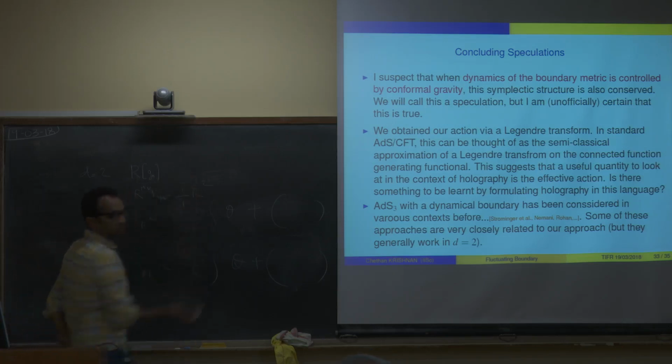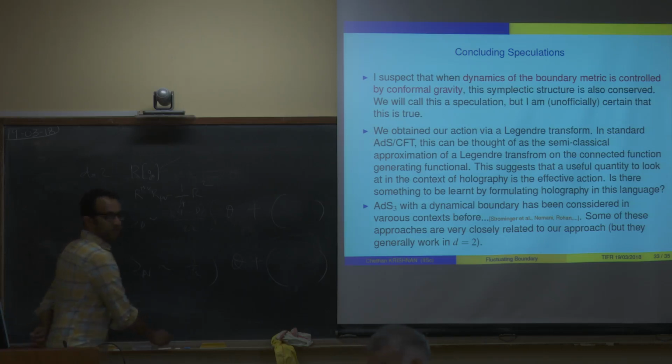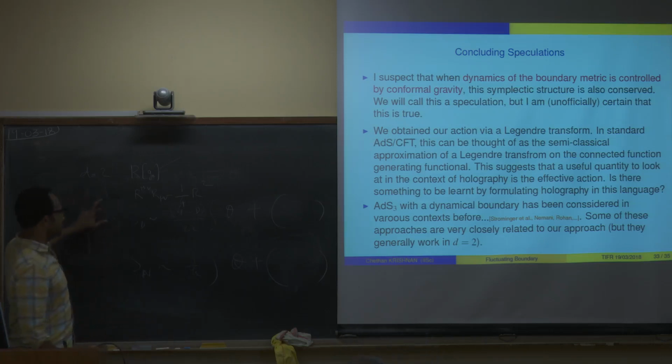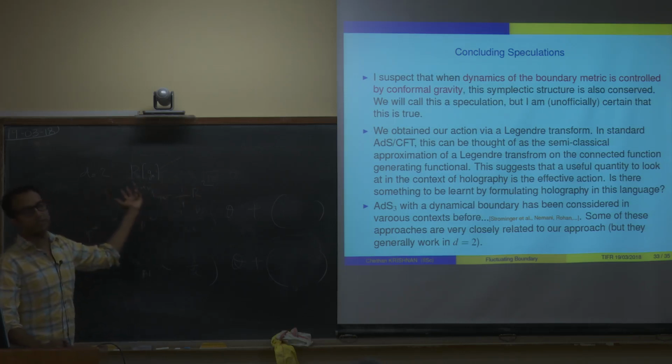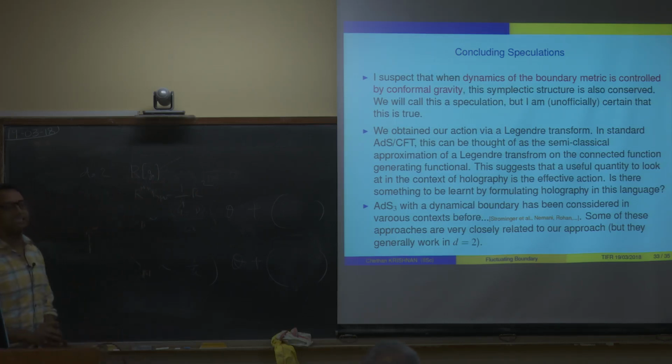In D equals 2 it's trivial, but in D equals 4, it's not. Sorry, D is your bulk? No, this is my boundary. This is AdS D plus 1. So AdS D plus 1 should have this term. This should make the G naught of AdS D plus 1 propagate. So D equals 2 is for AdS3, but there it comes out to be R 1 over box R.